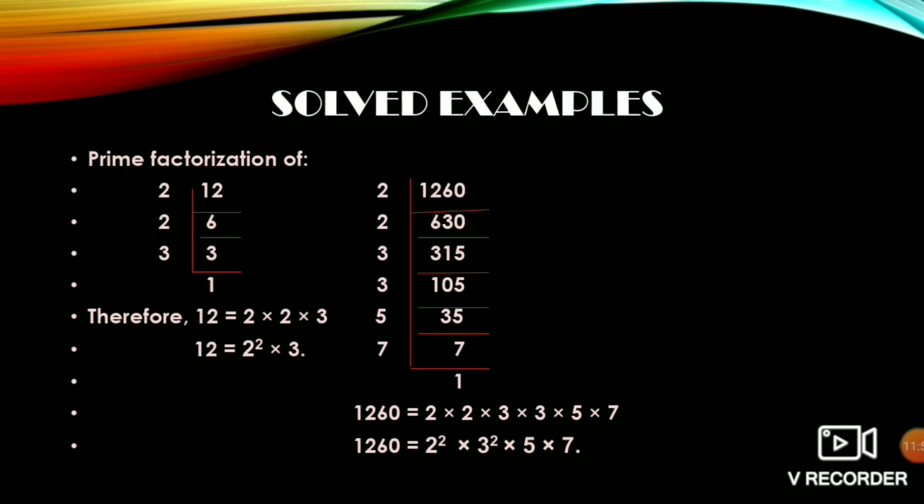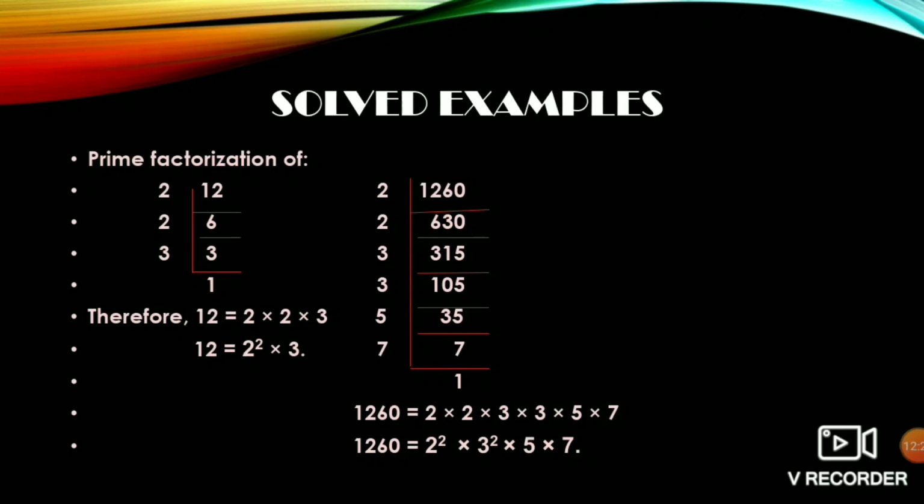Now 315 is not an even number, so it cannot be divided by 2. So we take the next prime number, that is 3. Is 315 divisible by 3? Remember the divisibility rule. Yes, we see that the sum of all digits of number 315, that is 3, 1 and 5, is 9 and 9 is divisible by 3.